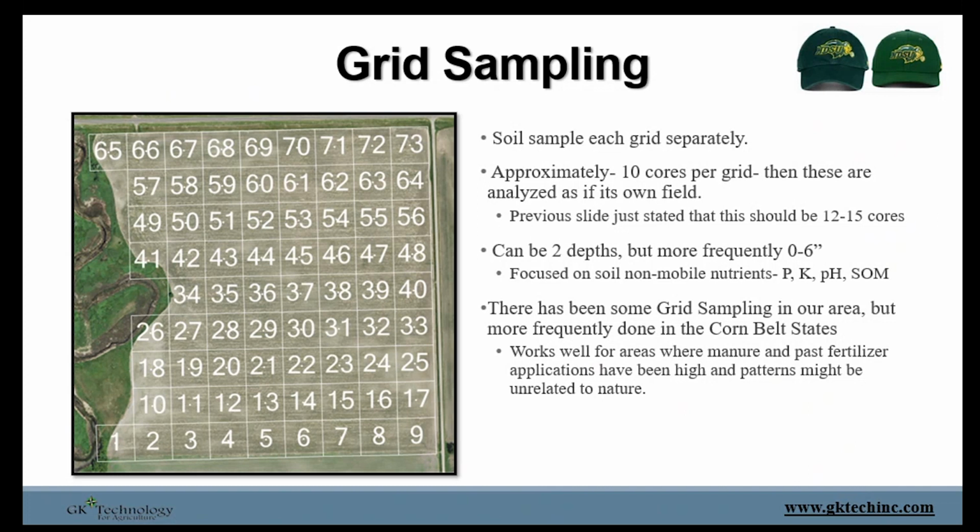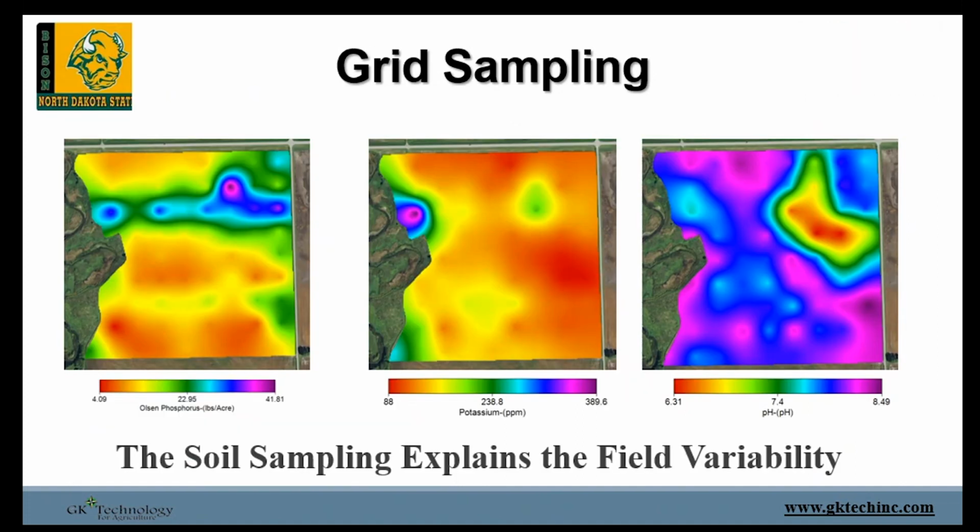So grid sampling is this idea that you take a field and you divide it into grids. And each one of these grids gets considered as if it's its own field. So you pull about 10 to 15 cores per grid, send them in, get them analyzed. When you get that data back, you merge it with your grid, and you get a map for each one of those soil parameters that you soil sampled for.